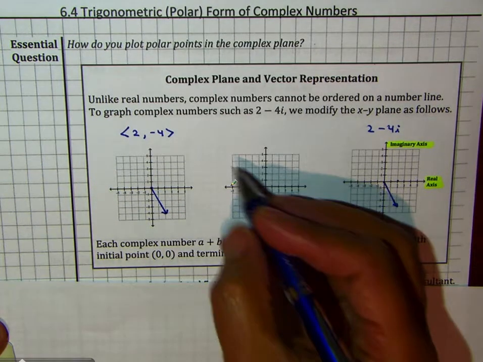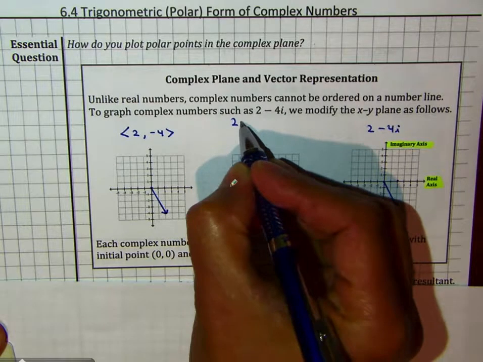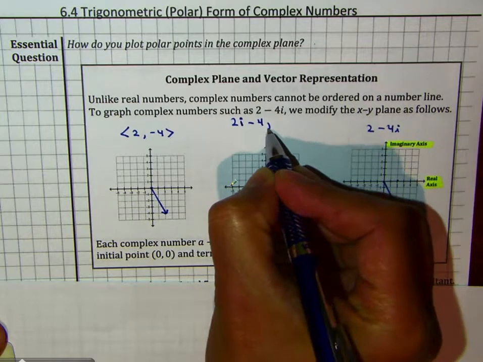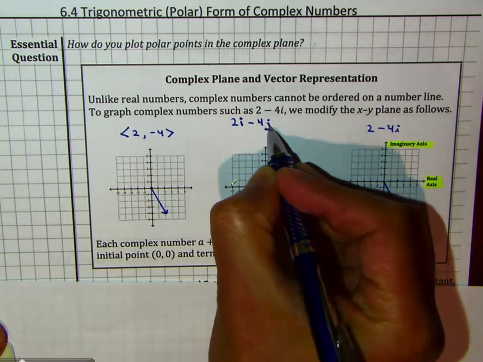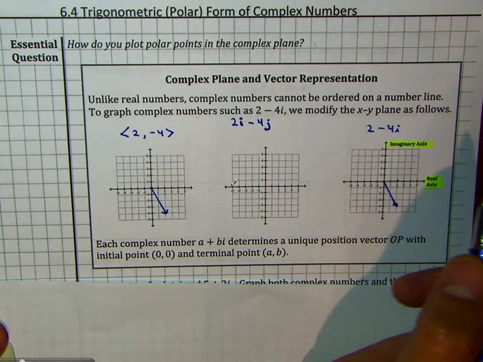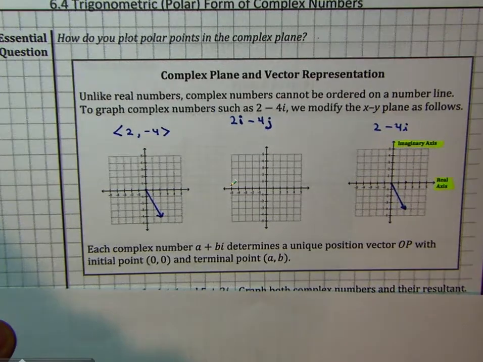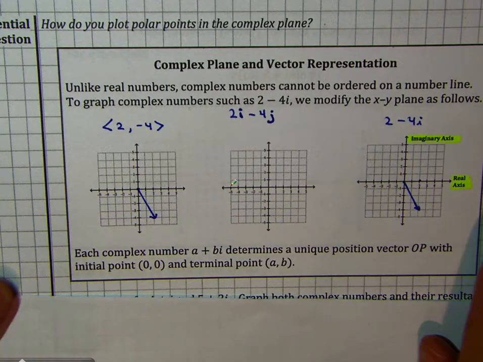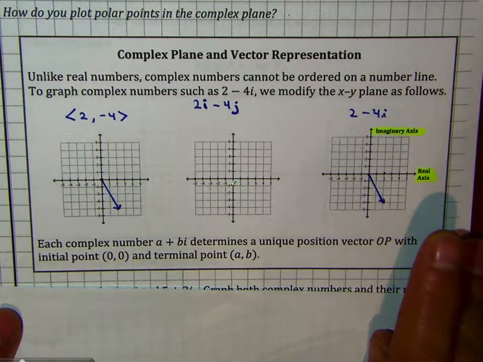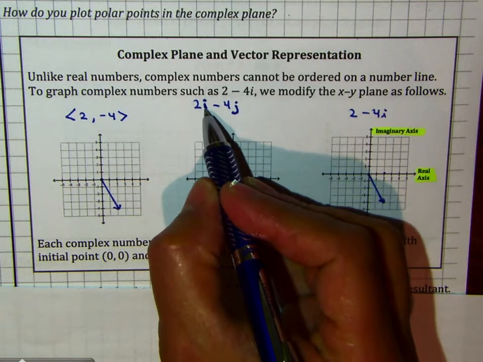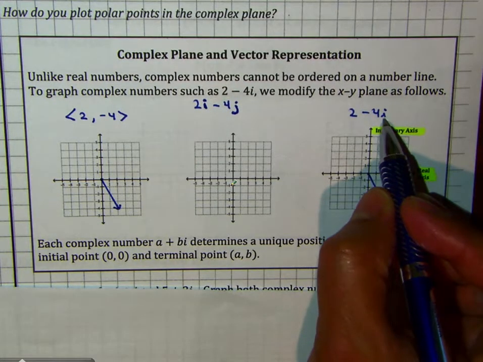Then we also wrote it down as 2i minus 4j, and we made those bold since those were vectors themselves. And now, one of the things that you want to remember is that whenever it's in that type of notation, the i is not the same as this i.